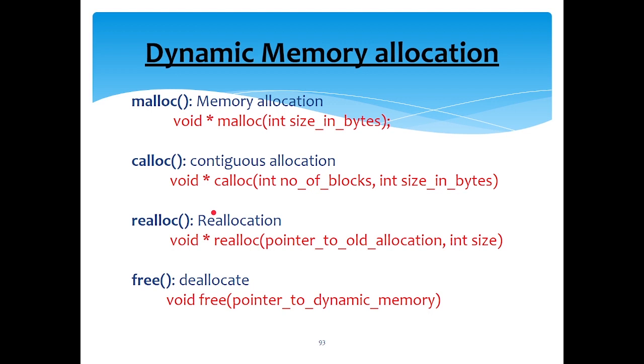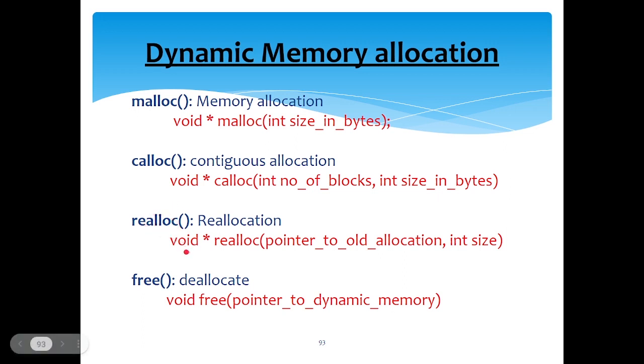Realloc is nothing but reallocation. The name itself indicates allocating the memory again, freshly. It's like resizing. Suppose you have a block of memory which was allocated previously. If you want to resize that block of memory, then you can use realloc.